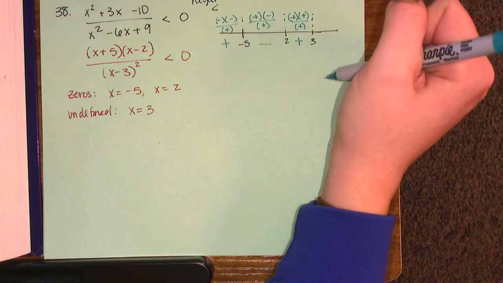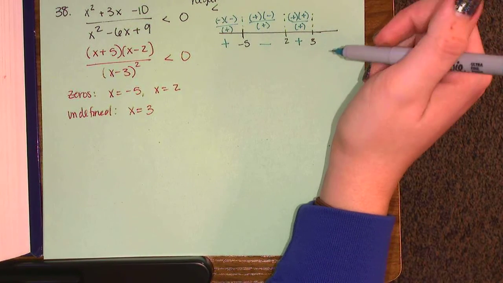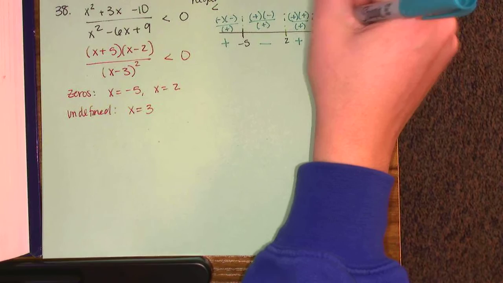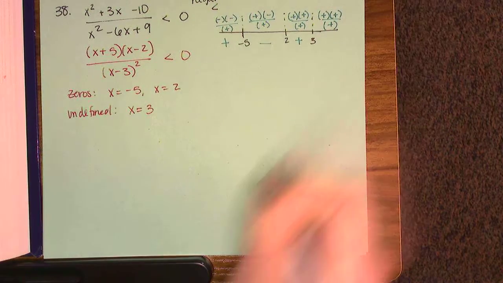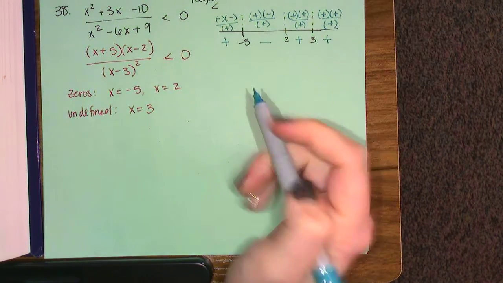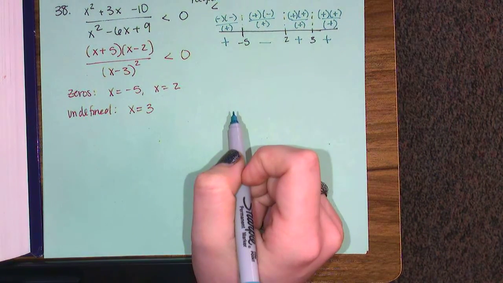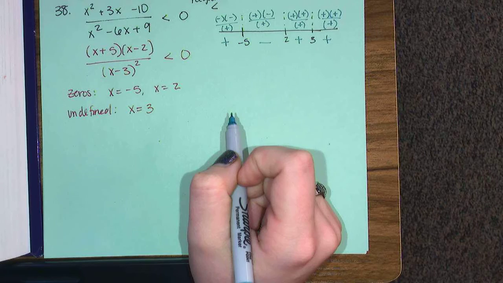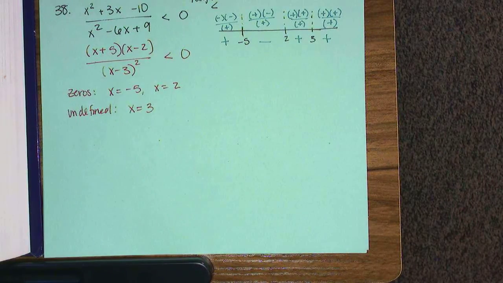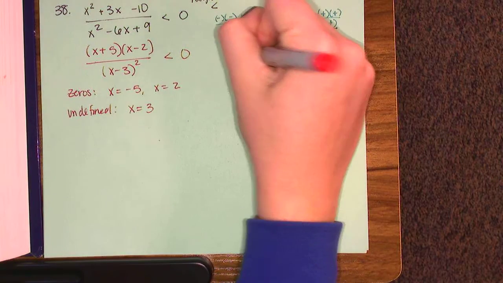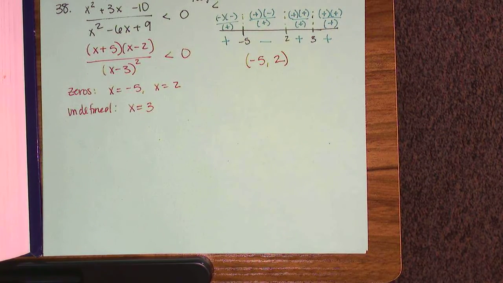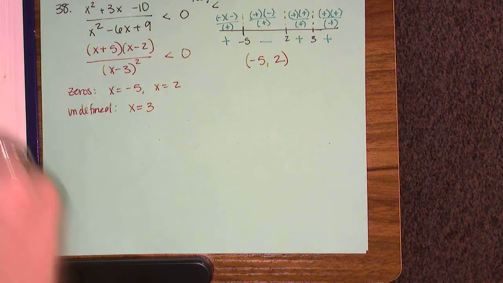And how about out here? Positive, positive over positive. So what interval am I looking at? Okay, -5 to 2 in parentheses because it's just less than.